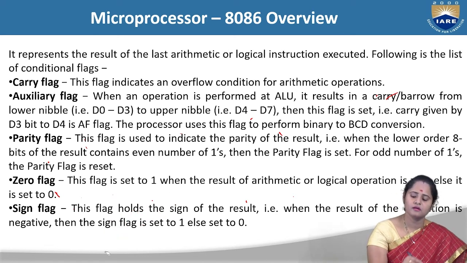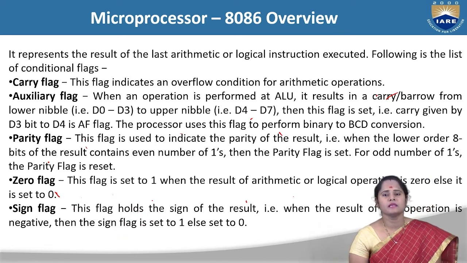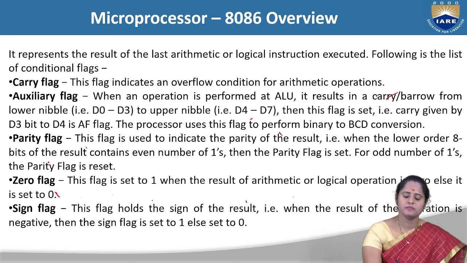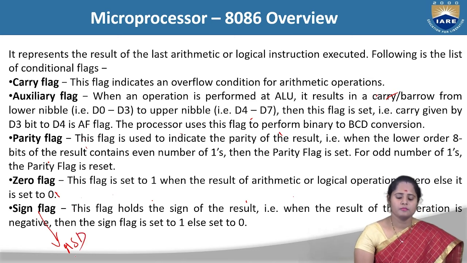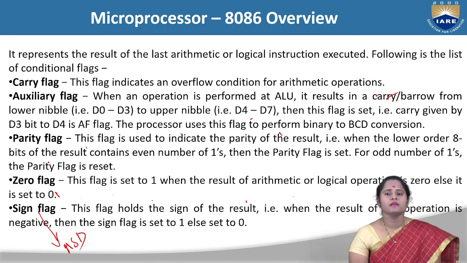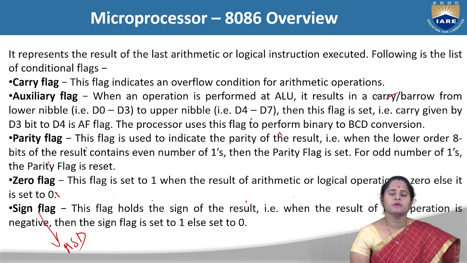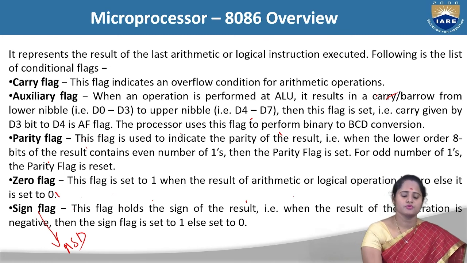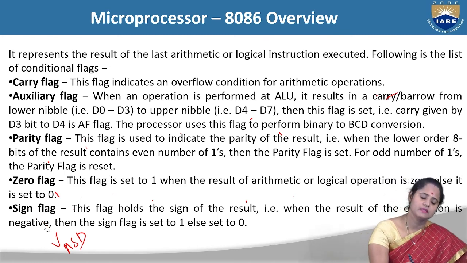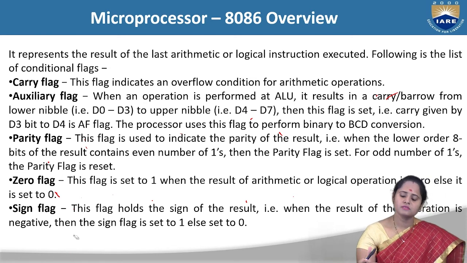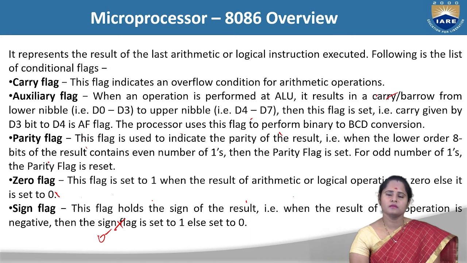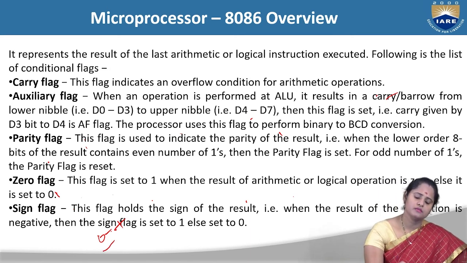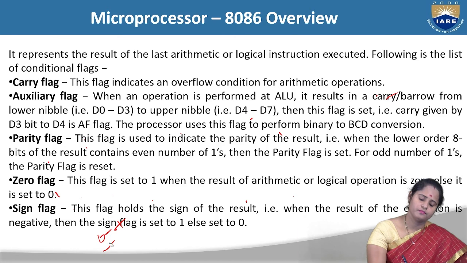The sign flag indicates the sign by the MSB, the most significant bit. If my sign bit is 0, it means it's positive. If my sign bit is 1, it means negative. So whenever it is 0, it indicates a positive sign, and whenever it is 1, it is negative.